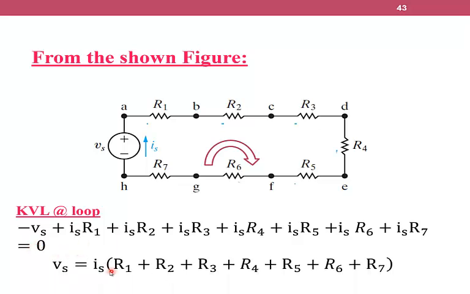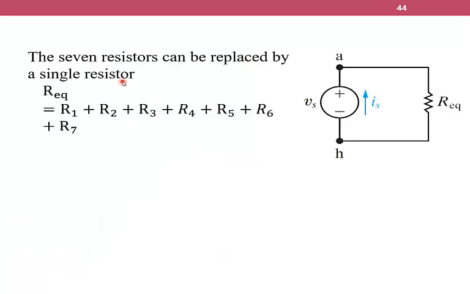You may take Is as a common factor, and you have the summation of all the resistors in the circuit. So we may replace all 7 resistors by an equivalent resistor and call it R equivalent, which equals the summation from R1 to R7.